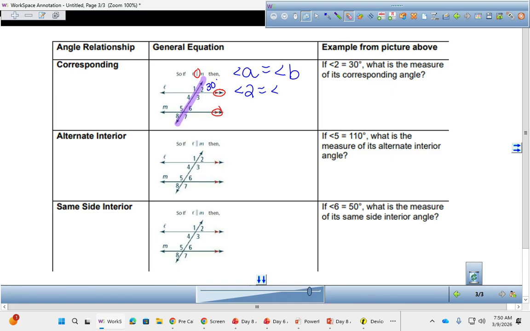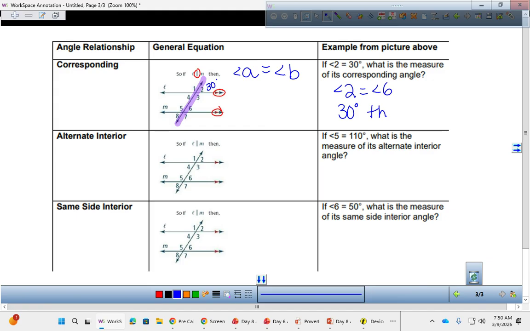I should put that over here. Angle 2 is equal to angle 6. So if angle 2 is 30 degrees, then angle 6 is 30 degrees. Angle 2 is 30 degrees, that's given to me. If these angles are equal, then that would mean that angle 6 is also 30 degrees.